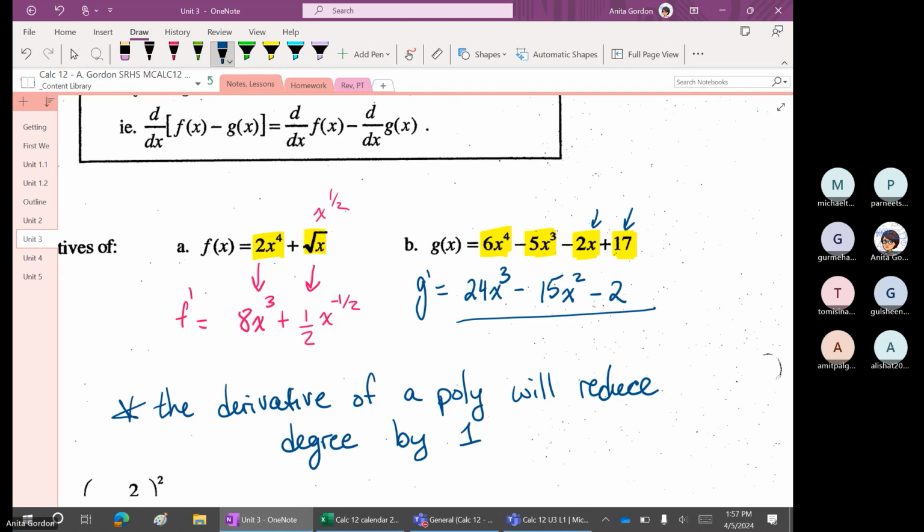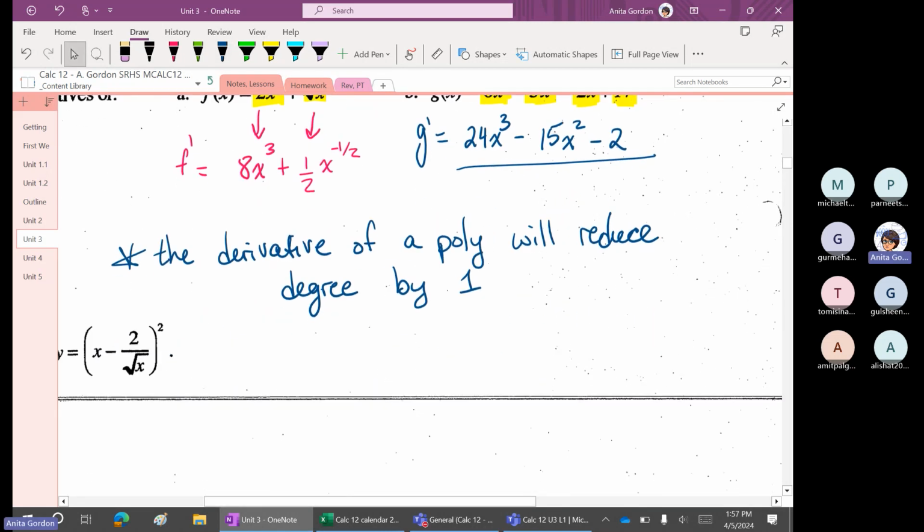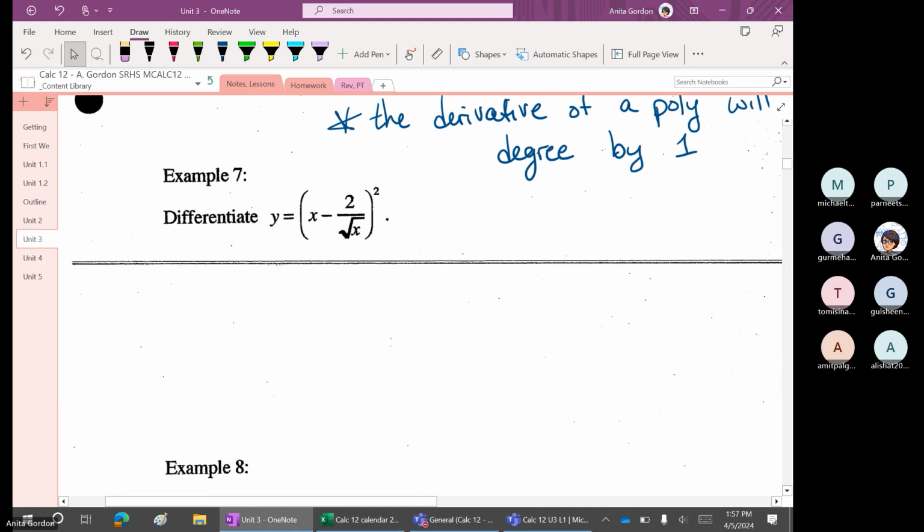Okay, let's take a look at this one here. Differentiate this. I don't want to. So what I'm going to do, again, smarter, not harder, I'm going to FOIL this out. This is a perfect square, right? This is x minus 2 root x times x minus 2 root x.